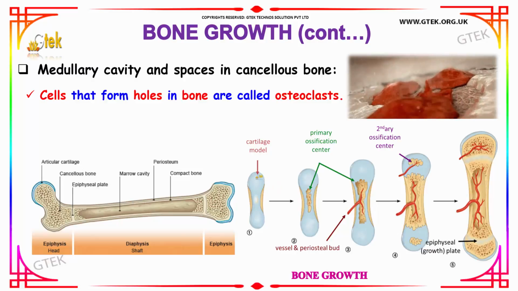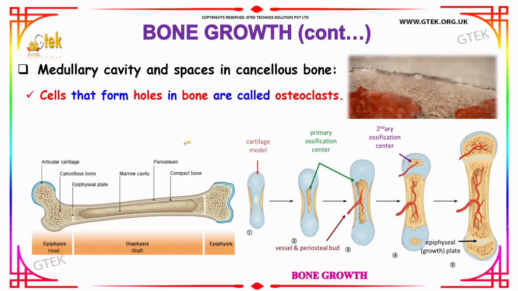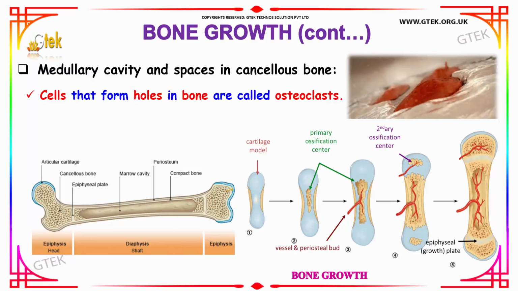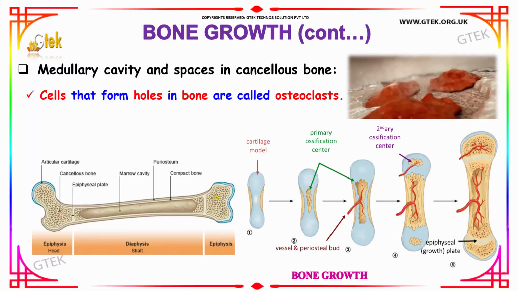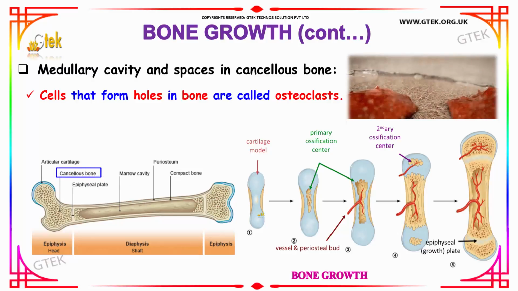If you see, we have a medullary cavity and spaces in your cancellous bone. The cells that form the holes in the bone are called osteoclasts.